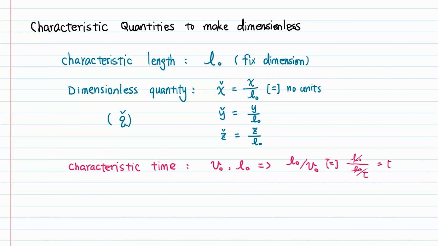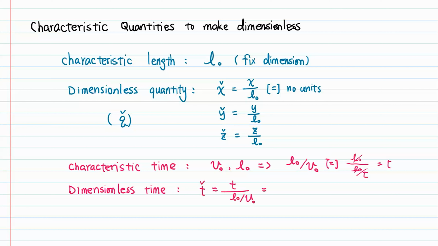Okay, so our dimensionless time would be, again, t with a check mark equals the actual time divided by L naught over V naught.